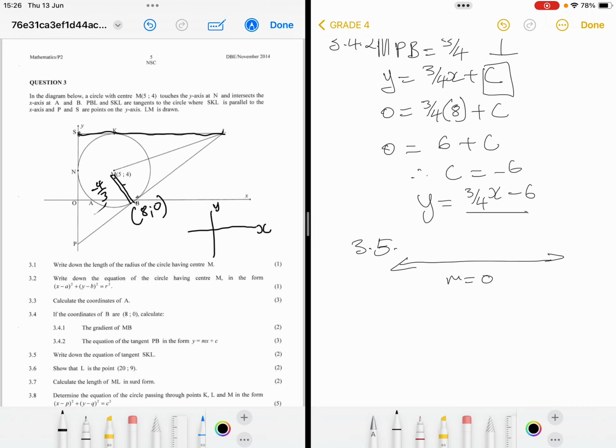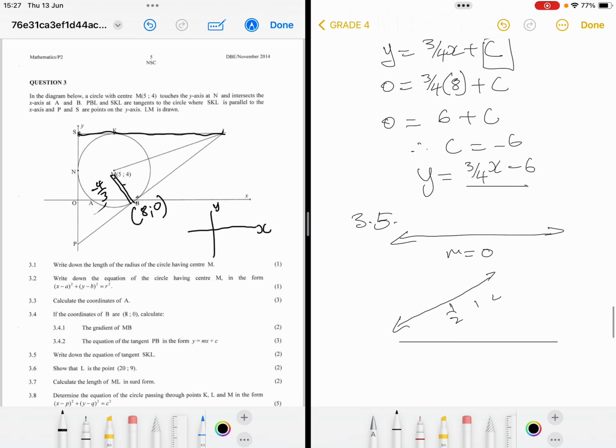So when the line starts to increase or decrease, the gradient can be half, can be 1, can be 2, you see. But when we have a straight line like this, it means the gradient is equal to 0.